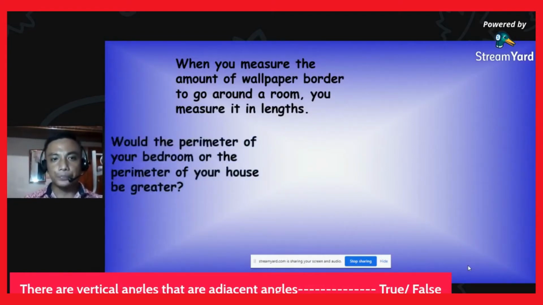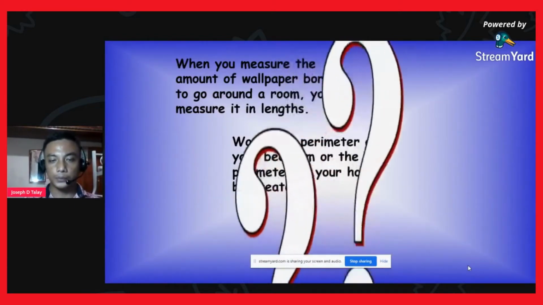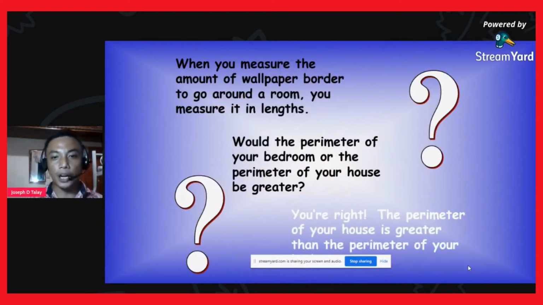Which is greater, the perimeter of your bedroom or the perimeter of your house? The perimeter of your house is greater than the perimeter of your bedroom simply because your bedroom is just a part of the main house.